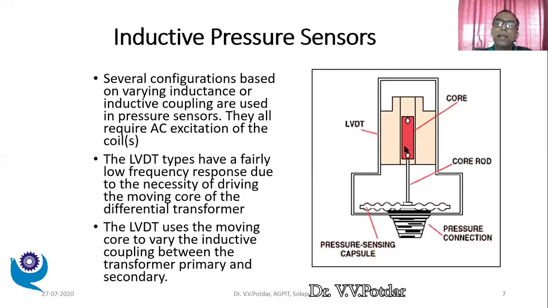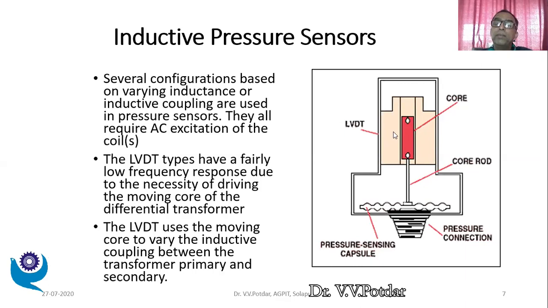And we have already studied linear variable differential transformer, which is based on mutual inductance principle. We discussed it in details in the earlier lectures. You can refer back the notes if you want, in which you have a primary winding and two secondary windings. And these secondary windings are in phase opposition with each other.